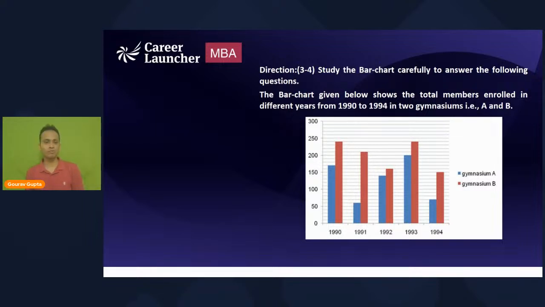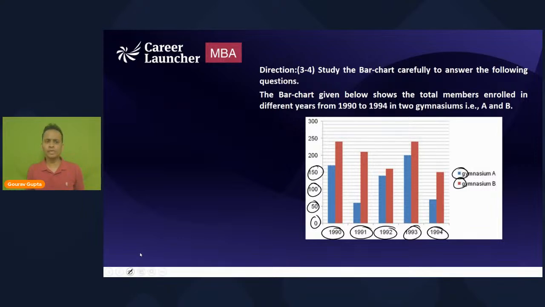At the bottom of the screen, on the x-axis, you can see the different years. On the y-axis, you are given the numbers, the number of members enrolled. They have given the data for two different gymnasiums, Gymnasium A and Gymnasium B. Data of Gymnasium A is shown by blue bar and data of Gymnasium B is shown by red bar.